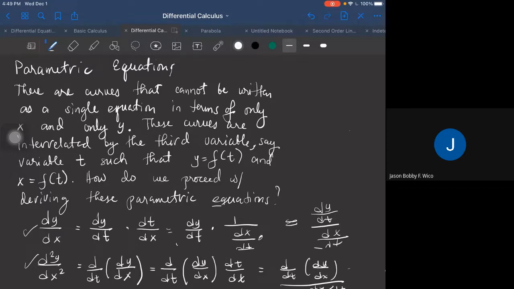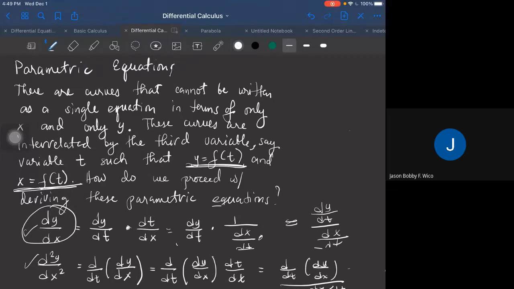For example, we have here an expression y equals f of t, and then we have x equals f of t. So how do you find the derivative of y in terms of x? By chain rule, this can be equal to dy dt times dt dx.